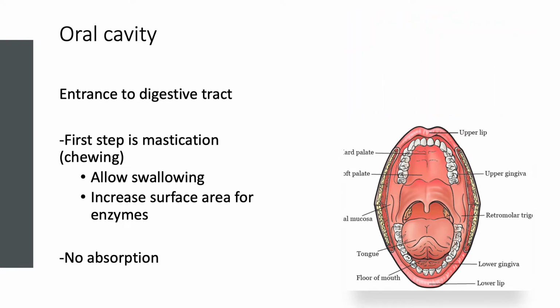Now, your teeth, for example, are what allow us to chew, and they're covered with enamel. And enamel is the hardest structure found in your body. So it allows us to properly chew things and break up really hard substances to expose them to those enzymes. I should mention here that no absorption of nutrients occurs within the oral cavity.